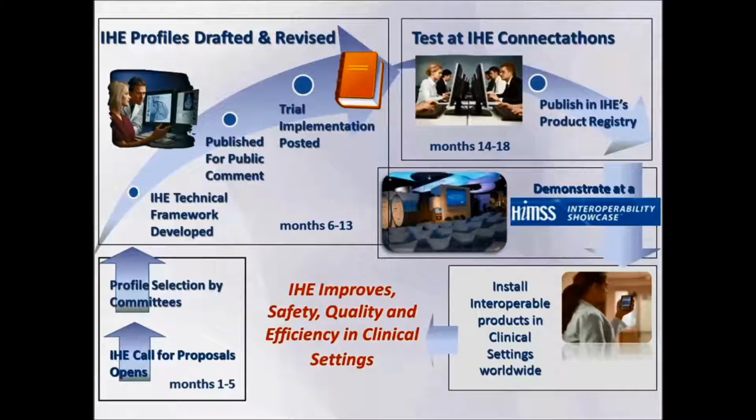There's some dates later on in this slide deck. So you have until the end of September to submit a profile proposal to the PCC domain as well as ITI and QRPH. And then we go through a selection process where we have a series of meetings, both planning and technical, to determine what we will work on for the next cycle.